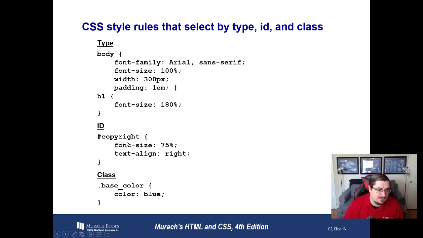It's referring to the tag with the ID copyright. Similarly with classes, classes start with a dot. So no prefix for type selectors, a hash mark for ID selectors, and a dot for class selectors. So this will apply the color blue to both that header as well as the copyright.